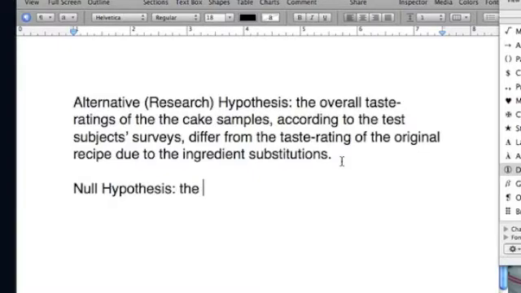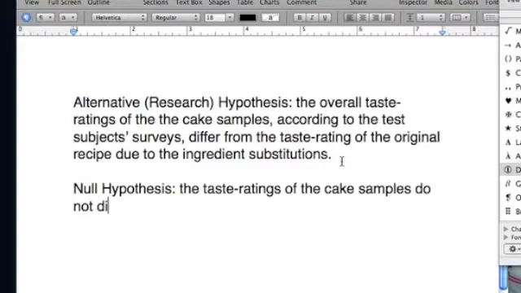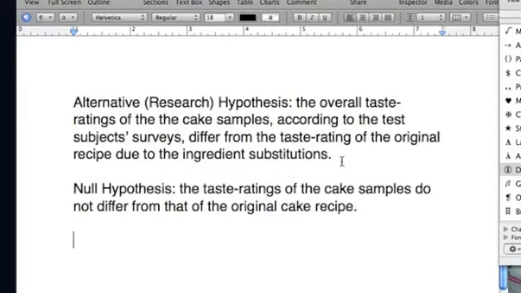So we're going to say the taste ratings of the cake samples do not differ from that of the original cake recipe. Alright, this is a very critical step, even though it seems stupid, and I'll get to that in a minute.